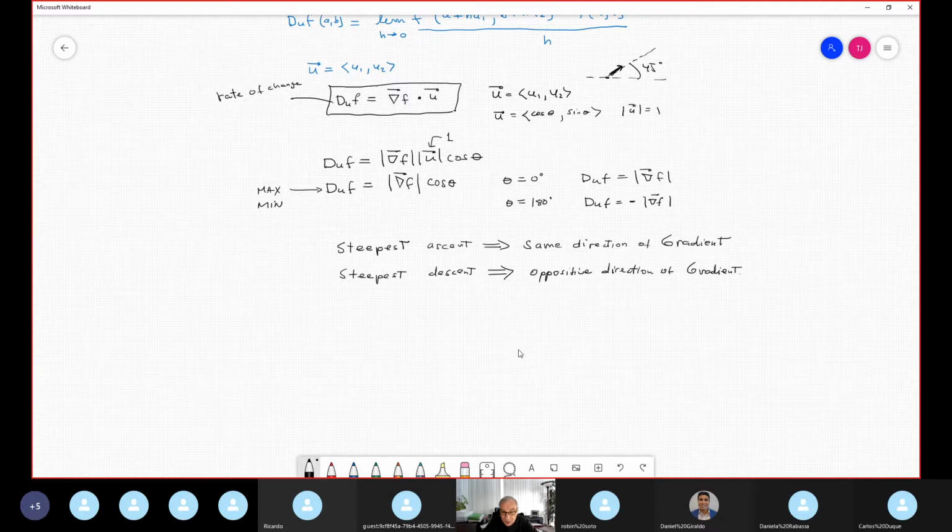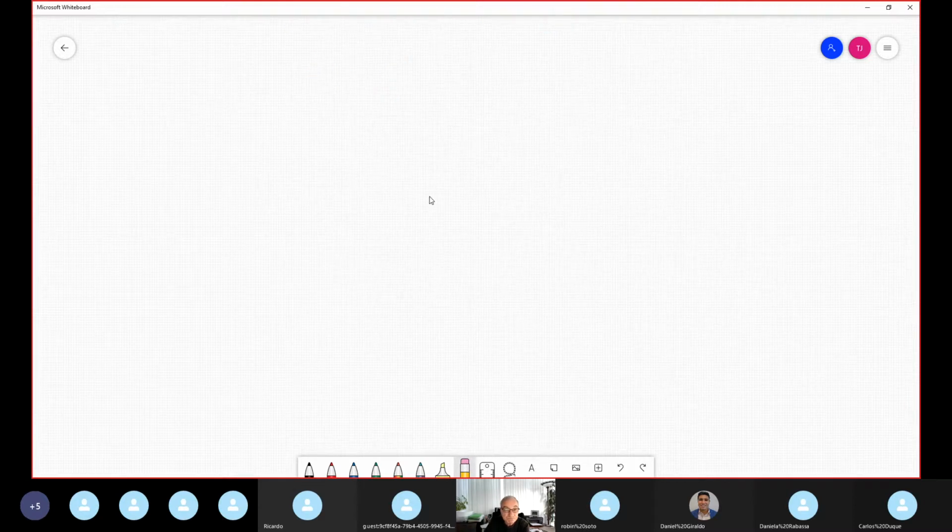The opposite direction is the direction in which the function is decreasing faster. In other directions, decreasing or increasing depends on whether the directional derivative is positive or negative, but the magnitude indicates how much the function is decreasing or increasing.